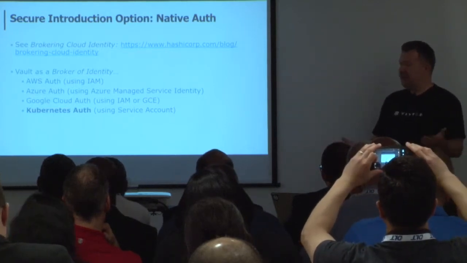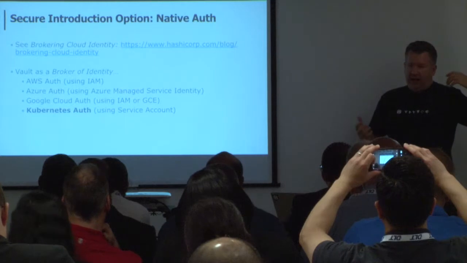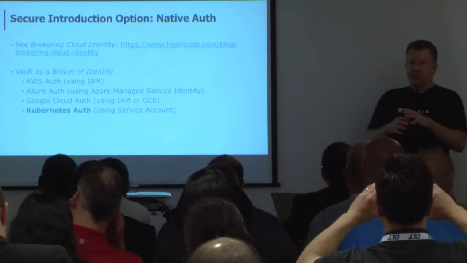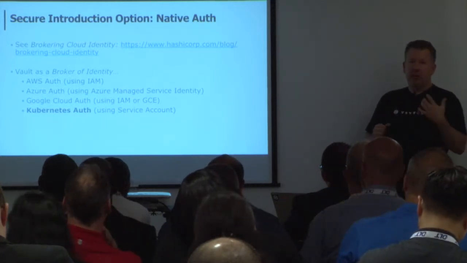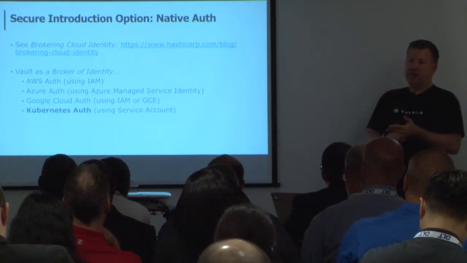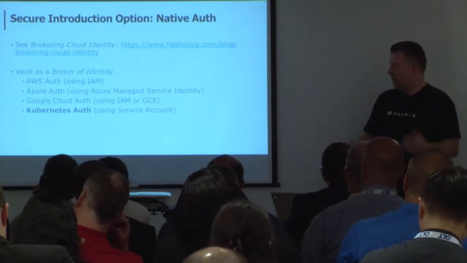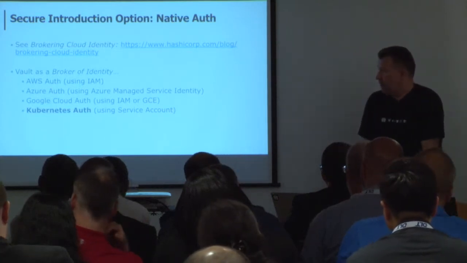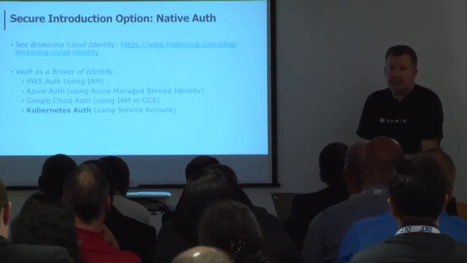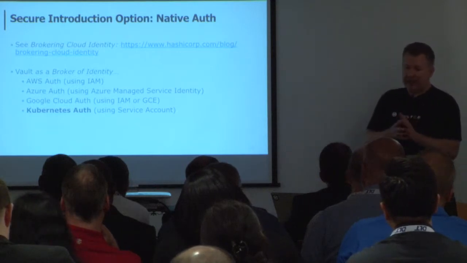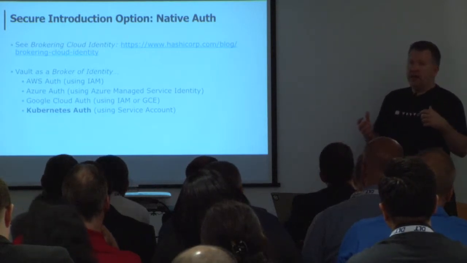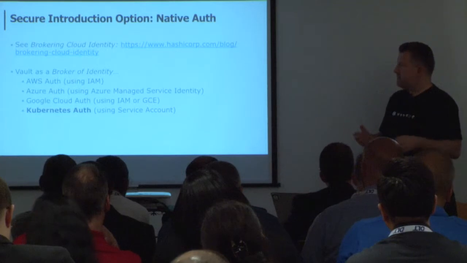But to summarize, the idea is, again, I want to not restrict myself to one specific environment, right? I want to be able to operate on-prem. I want to be able to operate in the cloud, the various cloud environments, whether public or private. I want to be able to operate in my Kubernetes cluster, and I want to do this in an agnostic and consistent way, at least in terms of managing my secrets.